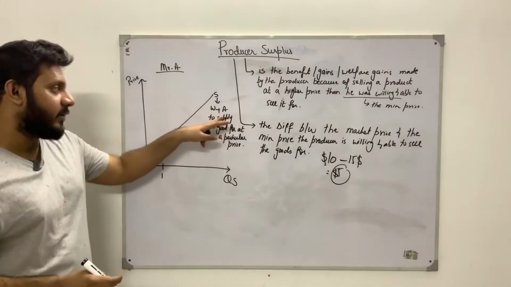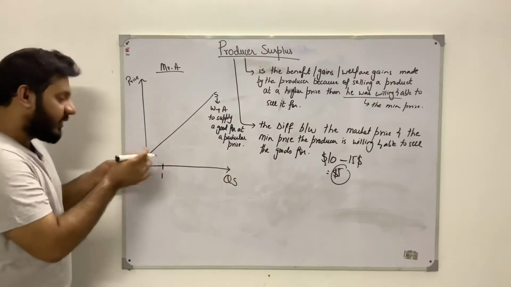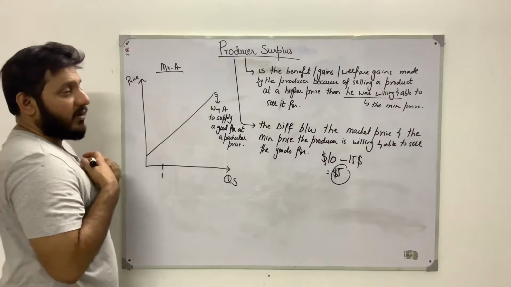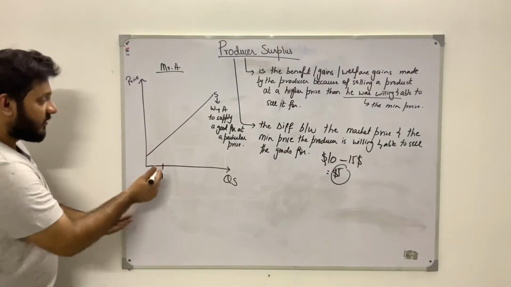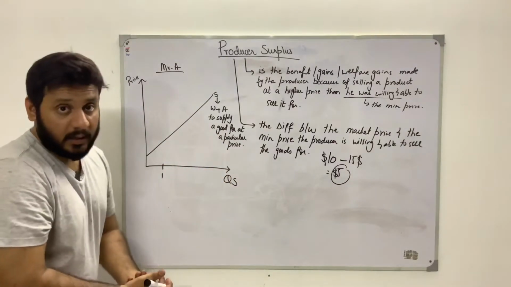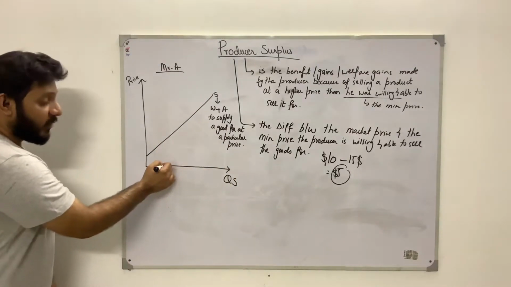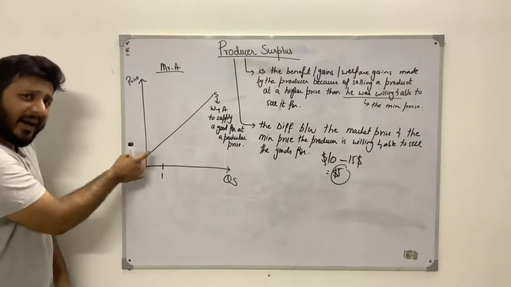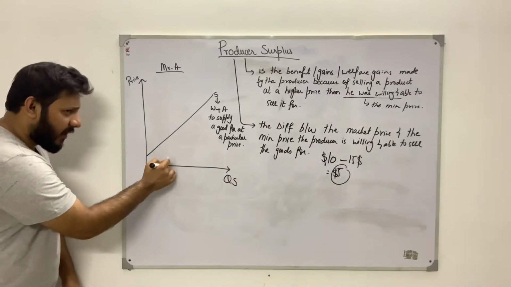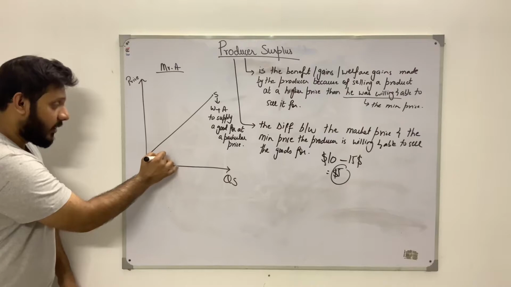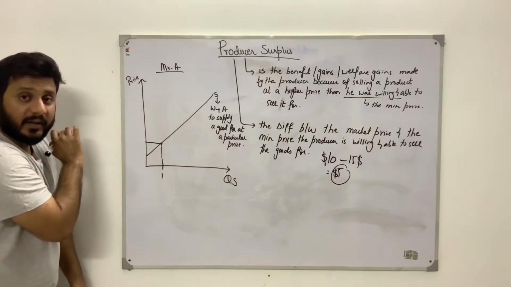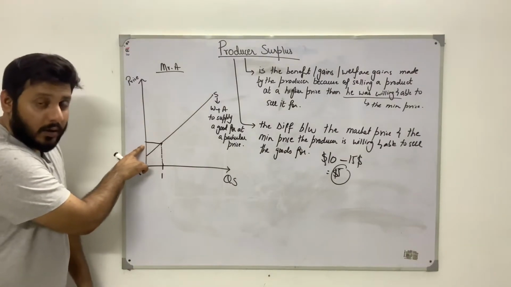So if I produce one chair and I want to see how much I am willing and able to sell it for, I need to see where it intersects my supply curve, because the supply curve shows the willingness and ability to supply at a particular price. So I come over here, this is the point, and this represents the price I am willing and able to supply my chair for.